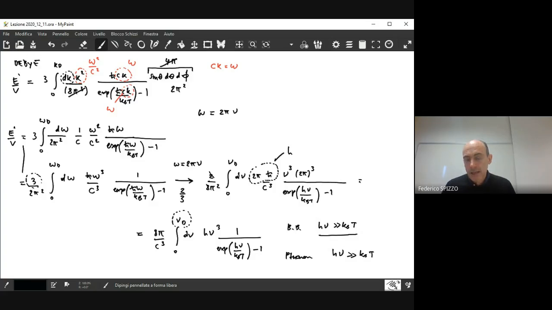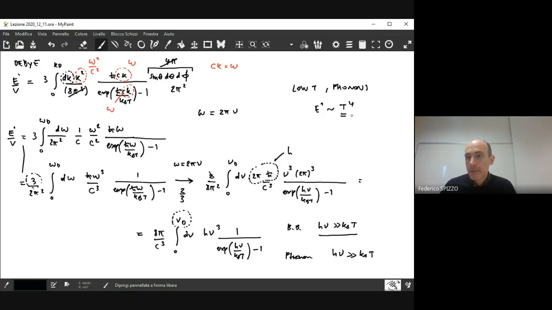And just as a last comment, if you remember the evaluation of the specific heat in the low temperature approximation, in the case of the low temperature phonons, we found that the total energy of the system was proportional to T to the power of 4. Then we made a derivative and we had the T to the power of 3 dependence of the specific heat.